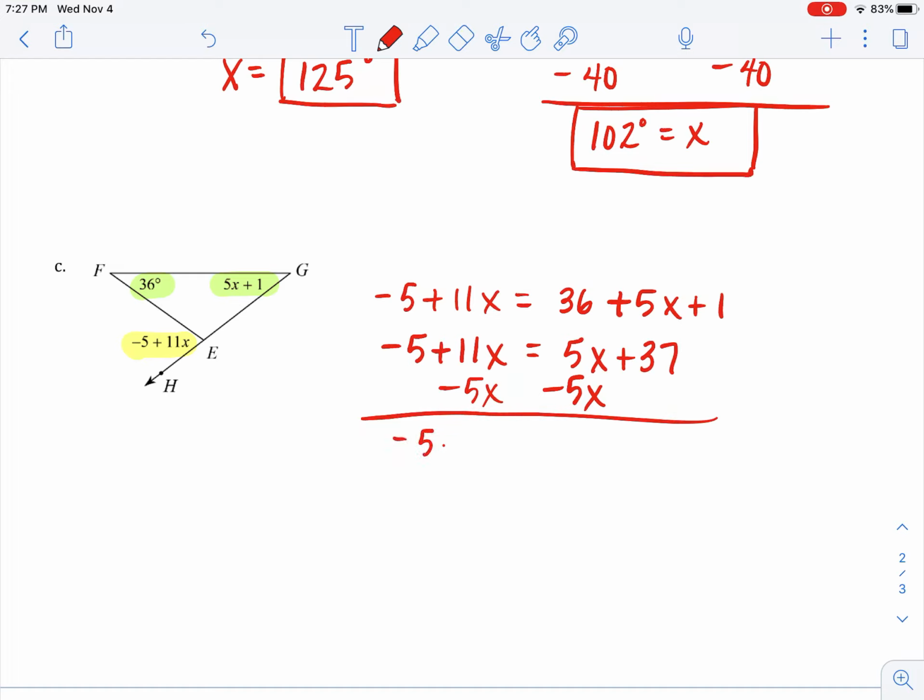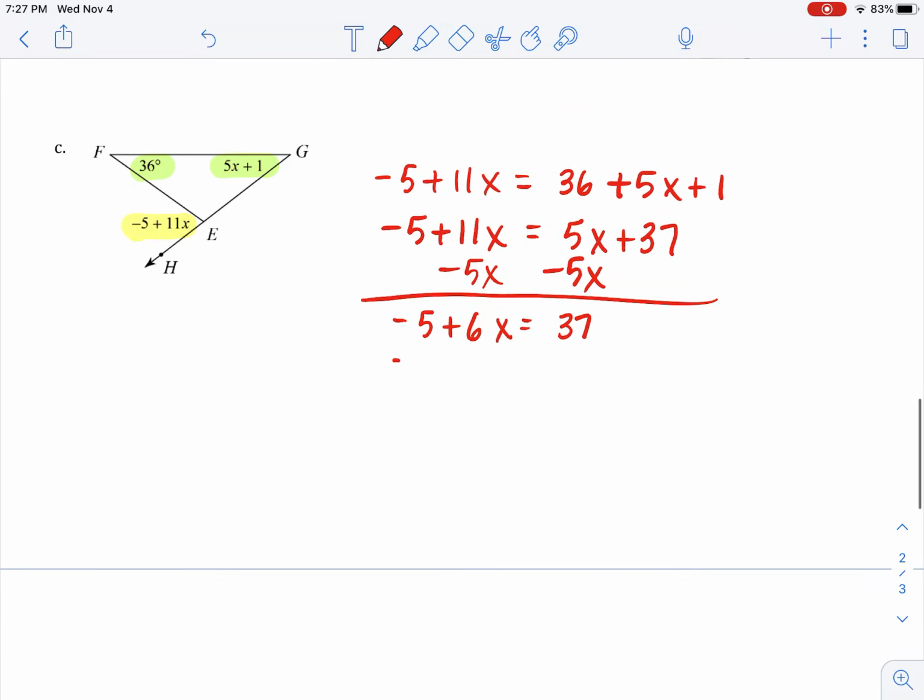And we get -5 plus 6x equals 37. And then we're going to add 5 because we're trying to isolate our variable. So if we add 5, we get 6x equals 42. And then finally, if you divide by 6, your x is equal to 7.